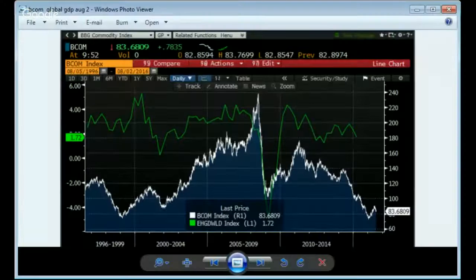And just to show you, this is global. You can see it very much looks like US GDP. And here we go. Same thing. Variation is relatively limited within this period here.